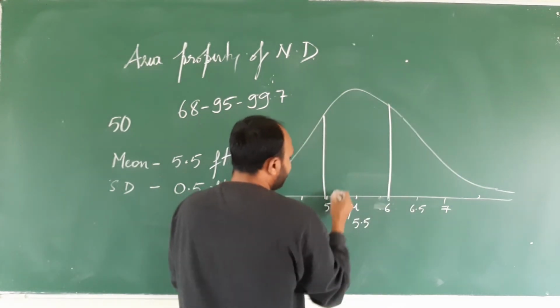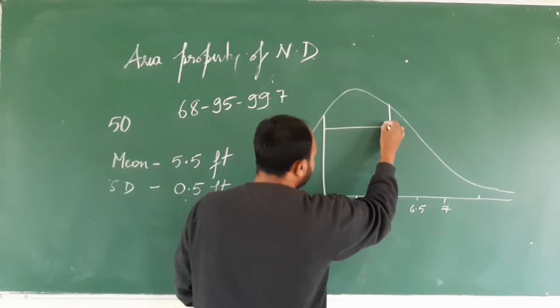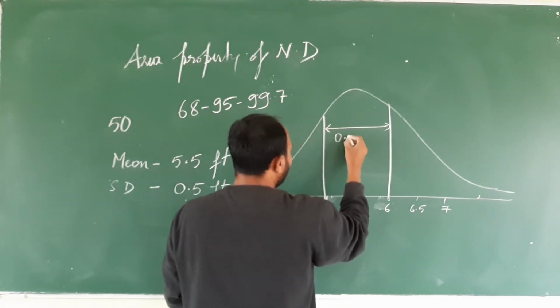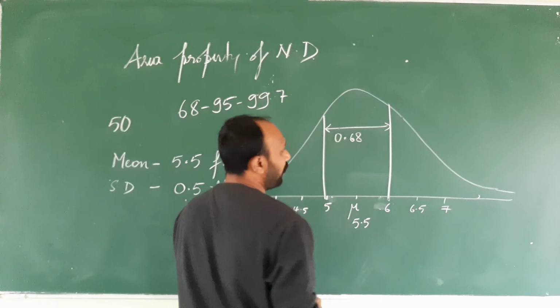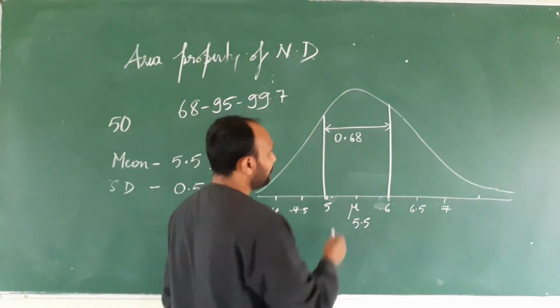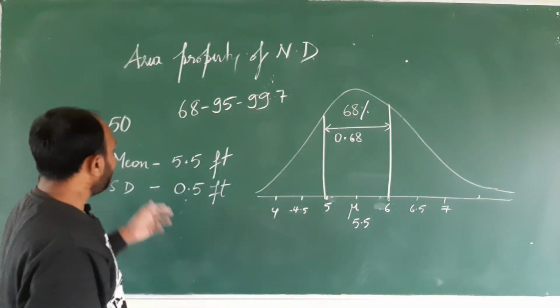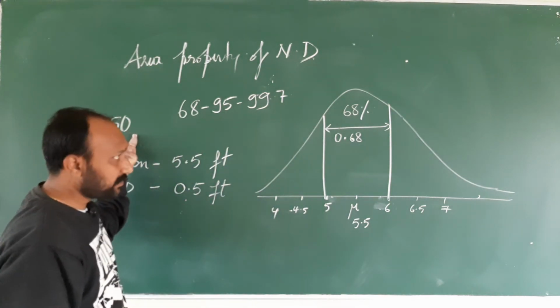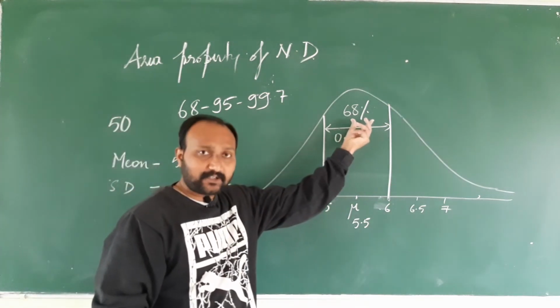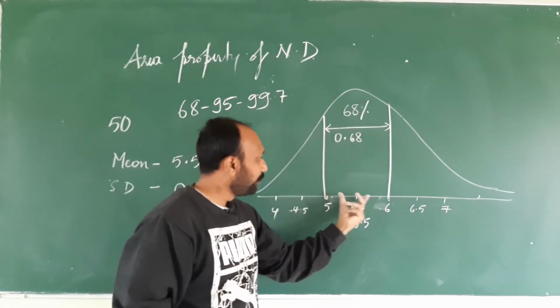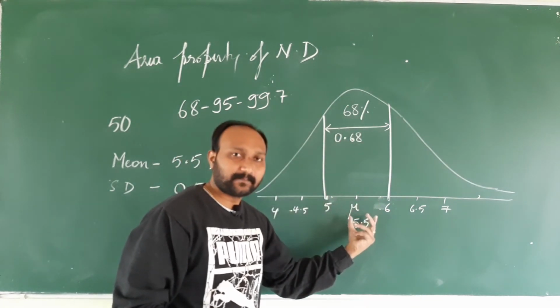So this is the area, 0.68, or else you can also represent it as 68%. Nothing but in the population of 50 students, 68% of them, their height comes within one standard deviation.